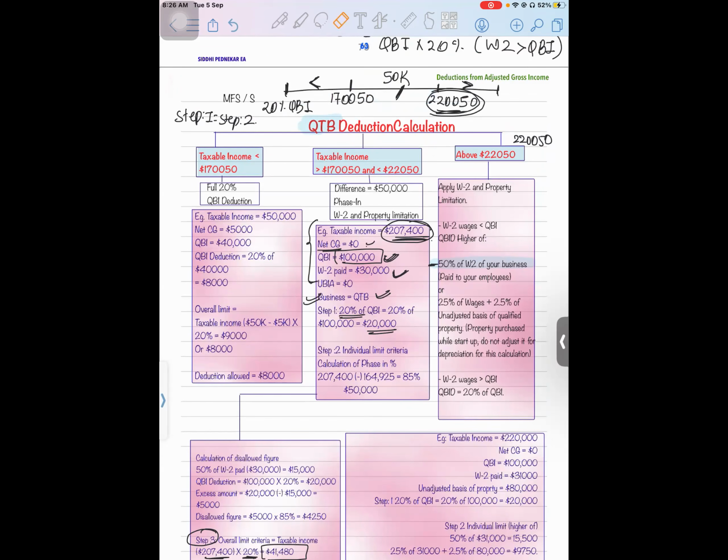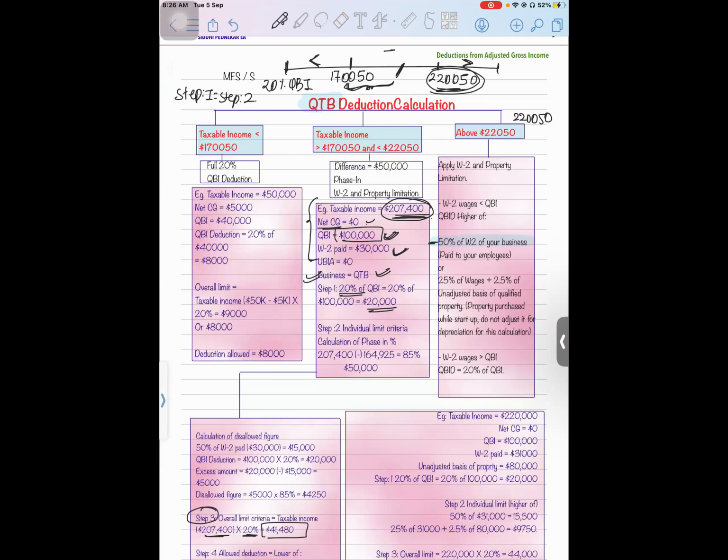Here the calculation is the same as what we did for credit phase-outs and everything. Whatever is your taxable income minus the lower limit, divided by 50,000. But what they are saying is that this much is disallowed. Got it?